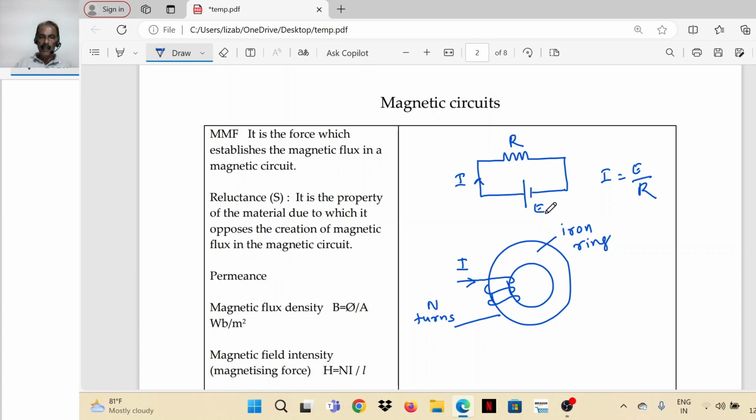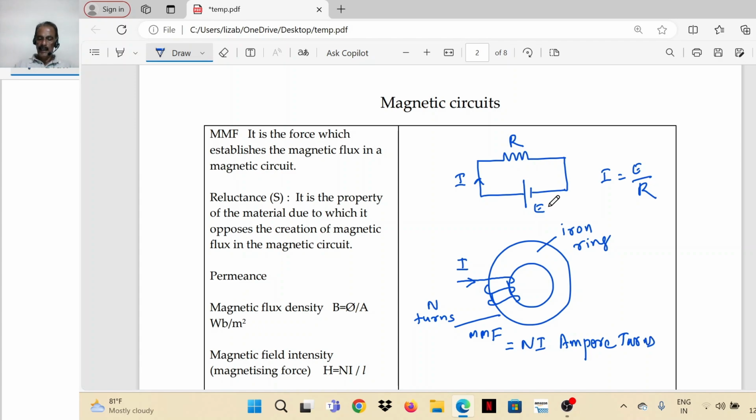Instead of electromotive force, here there is a magnetomotive force. This magnetomotive force only is responsible for setting up a flux in the core. So magnetomotive force is equal to Ni ampere turns, or it is a product of current and the number of turns of the coil.